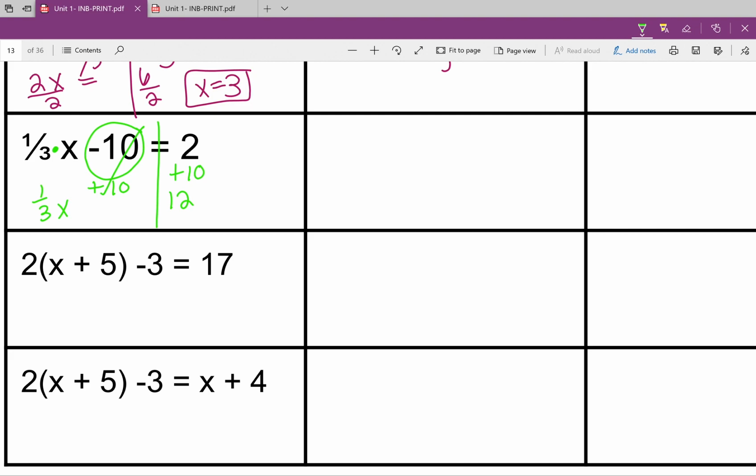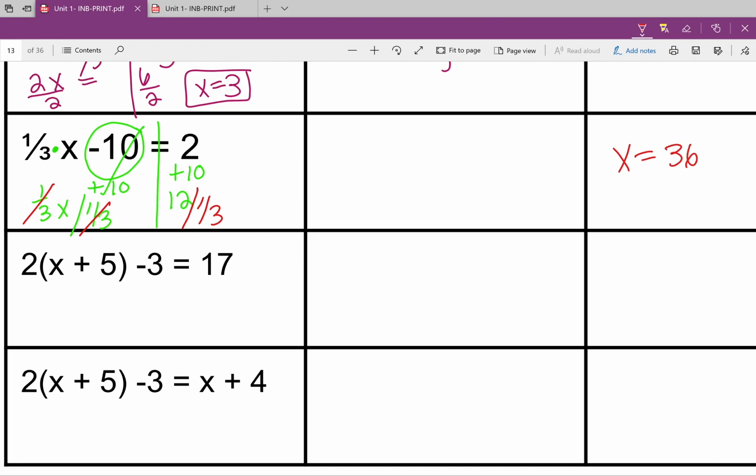To get rid of 1/3, we have to divide by 1/3, meaning the 1/3s will cancel. When you type that into your calculator, you'll get x equals 36.